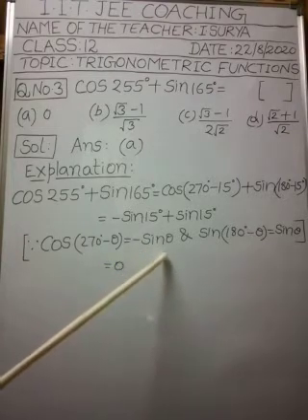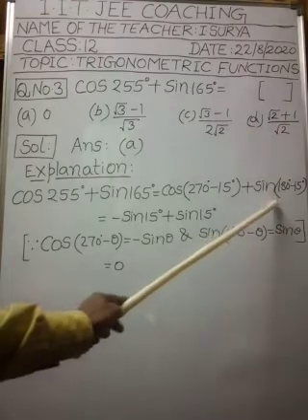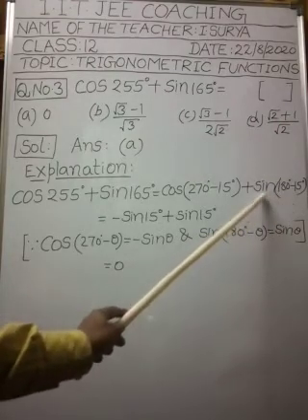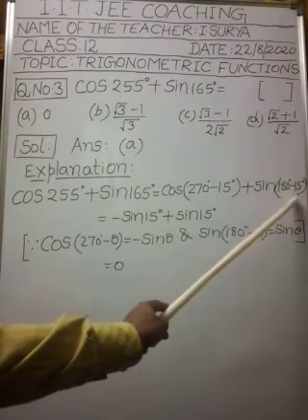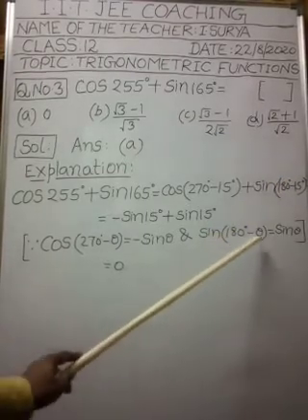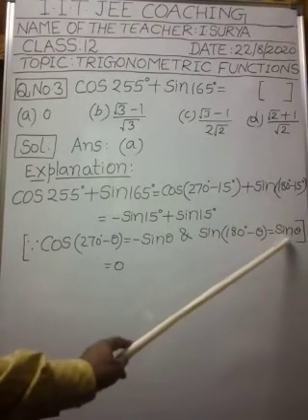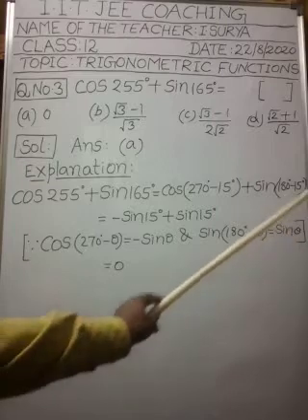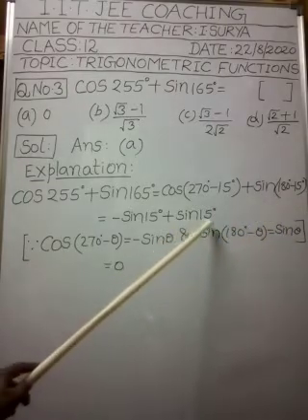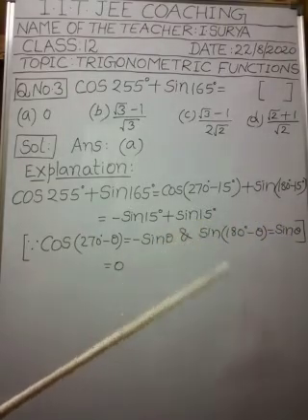And the second term is in the form of sin(180 degrees minus theta). The formula is sin(180 degrees minus theta) equals sin theta. Here theta means 15 degrees, so sin 15 degrees. Understood the second term, my children?